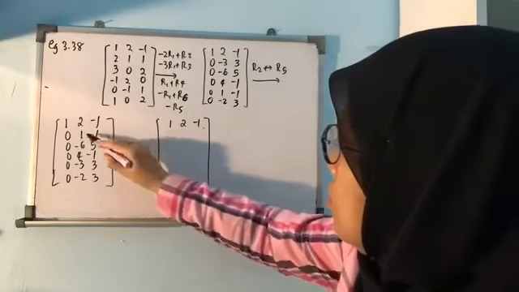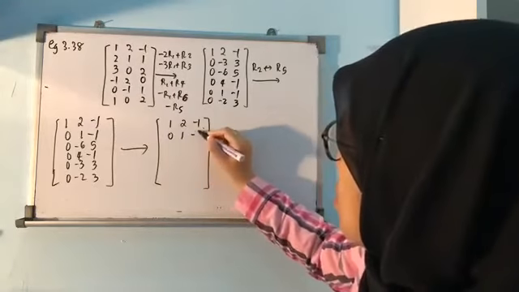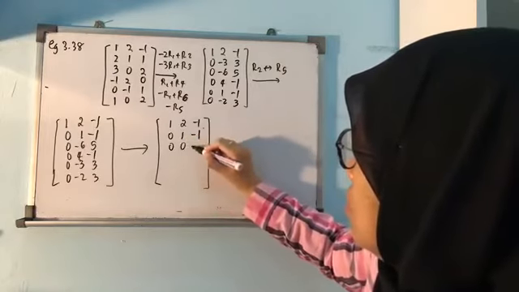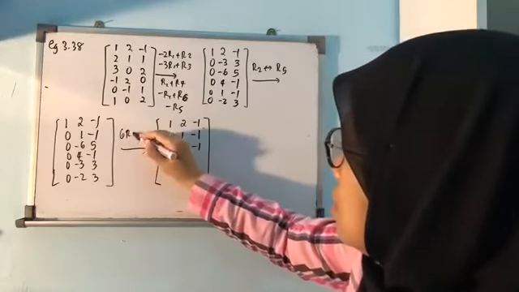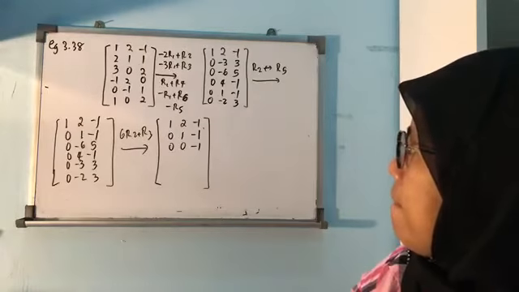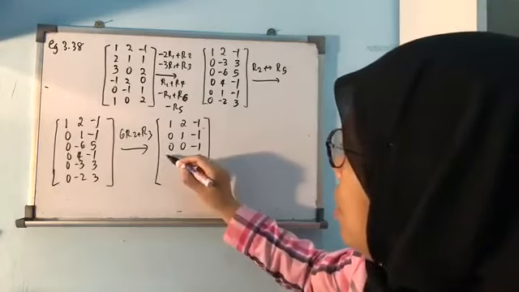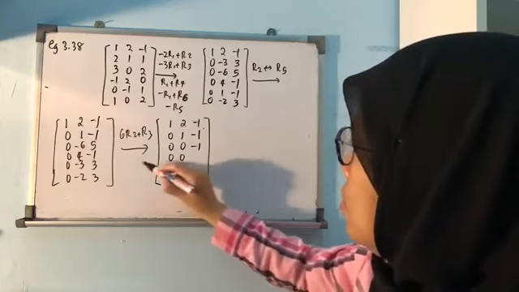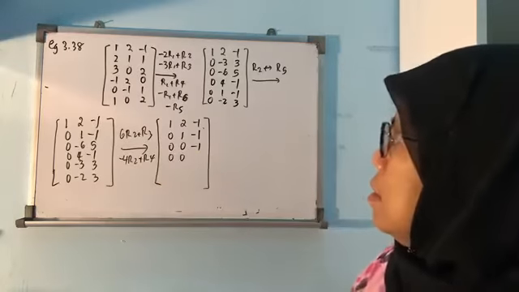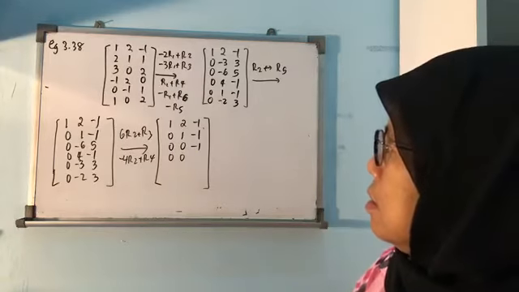1, 2, negative 1. Okay, now, 6 and add, right? 0, 0, negative 1. 6 and add. Okay, and then negative 4 and add. 0, 0, 3.